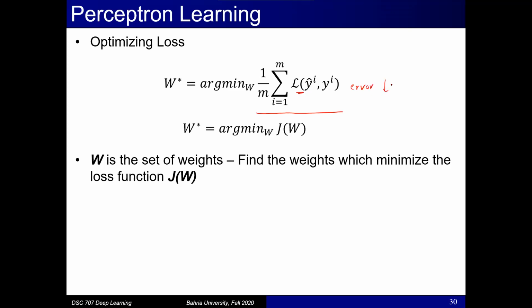And how would the error be low? Error would be low once your predicted value is very close to the actual value, right? For example, if the output is +1 and we are predicting +1, the error is 0, right? Because whatever the true value was, you are predicting exactly the same thing. But the problem is that when I'm feeding my data to this perceptron, these weights here are actually random.